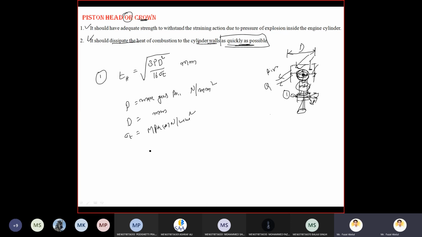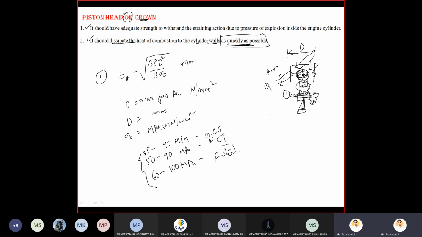Its values are 35 to 40 megapascal for gray cast iron, 50 to 90 megapascal for nickel cast iron, and 60 to 100 megapascal for forged steel.